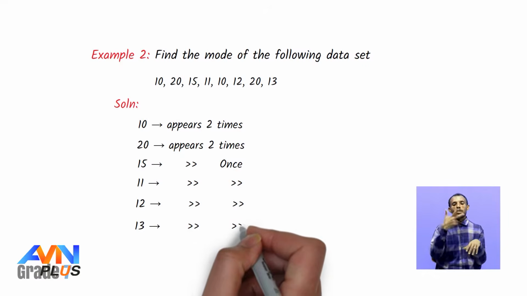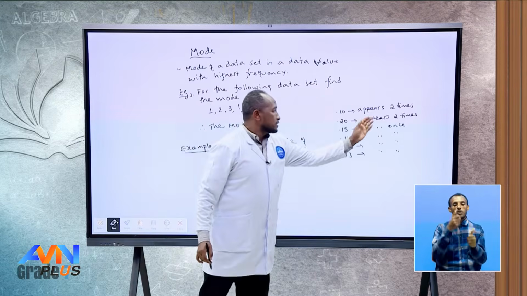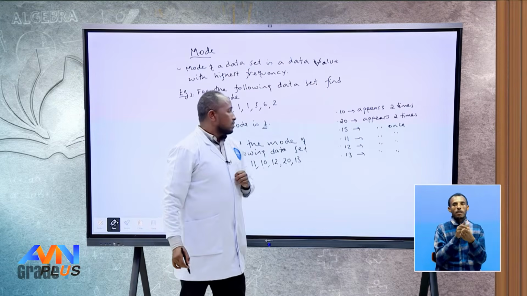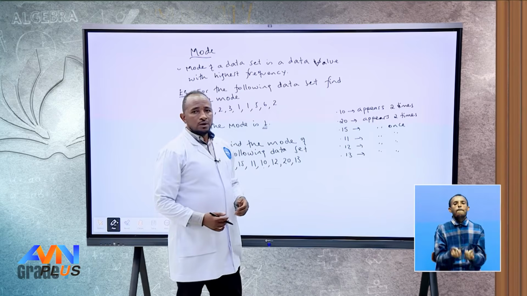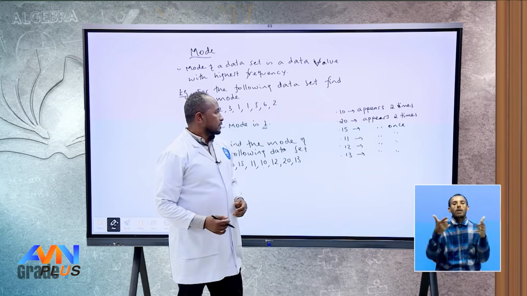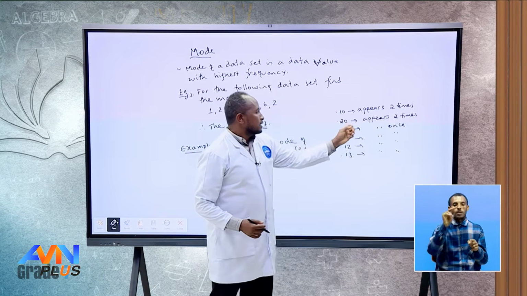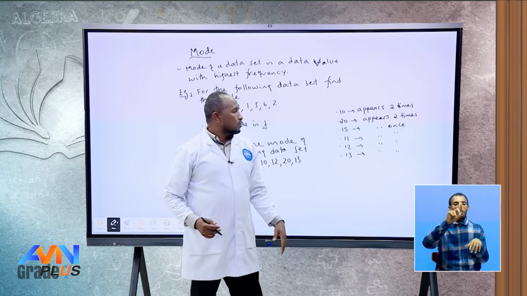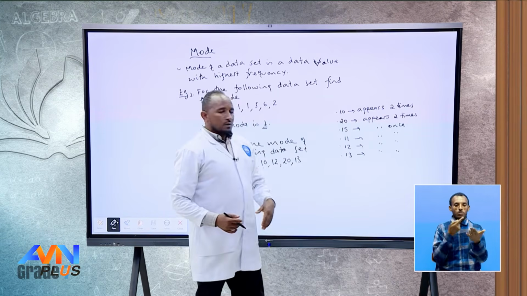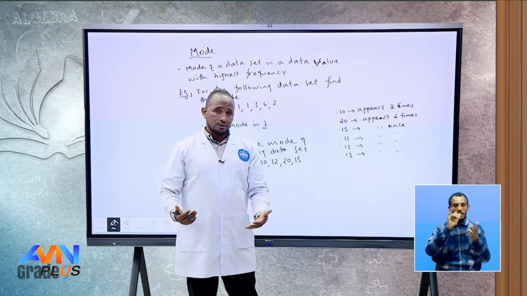13 also appears once. Therefore, which of these data values appears most, or in greater number? 10 and 20 appear 2 times. The rest appear once. So we have 2 numbers that appear most.